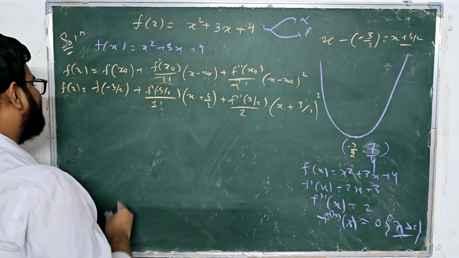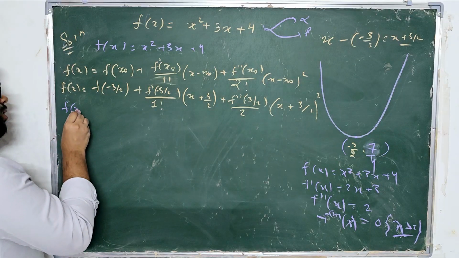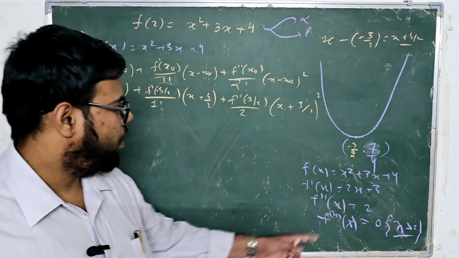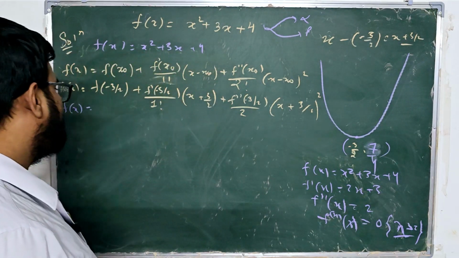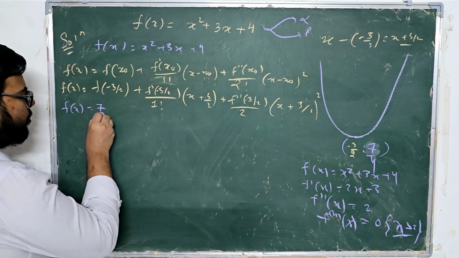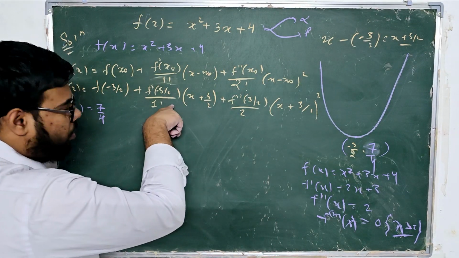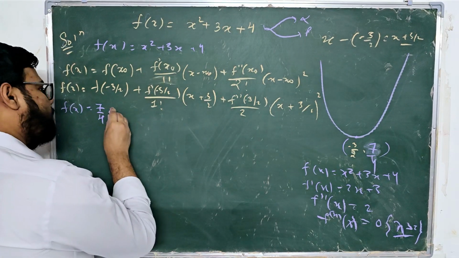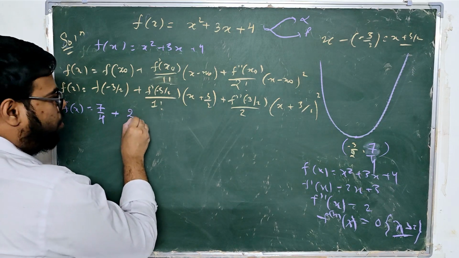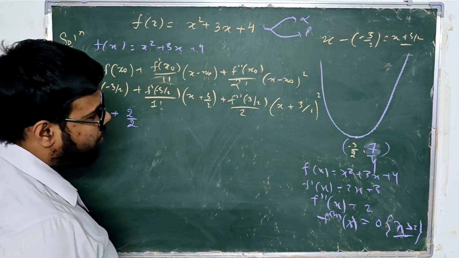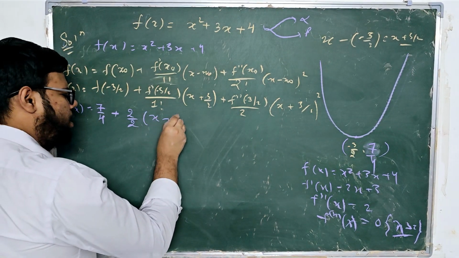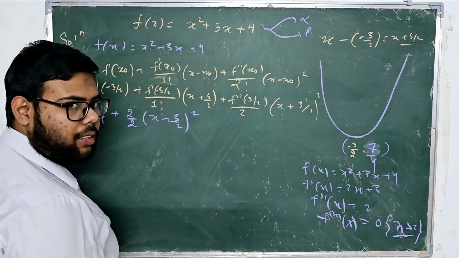Okay, so f(x), what is the function at -3/2? It is equal to 7/4, and this will become 0, plus 2/2 times (x + 3/2) whole square. Correct?